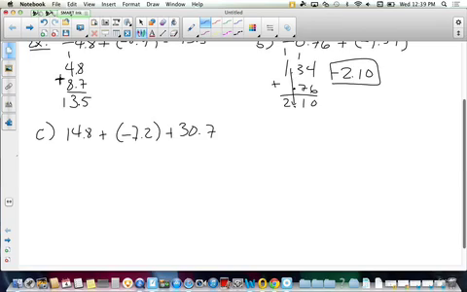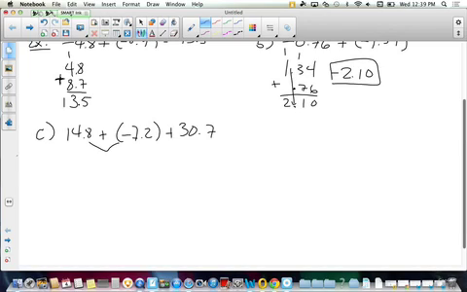Okay, so this has got three numbers in it. Process is still the same. We'll start out by adding the first two, right? We'll work left to right because they're all pluses in there. If I combine those two together, these have different signs. Different signs, that means we're going to subtract.